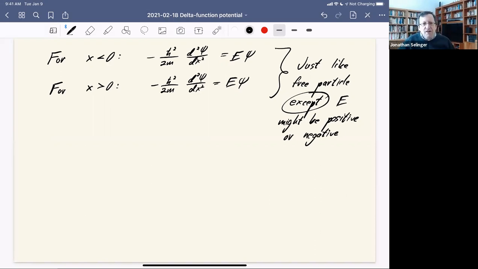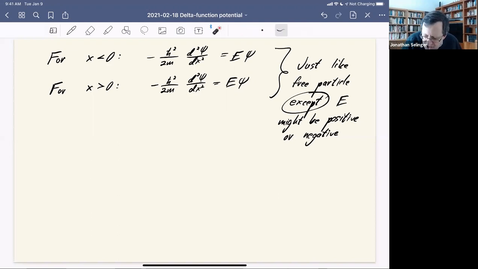Kinetic energy is positive, right? But in this case, the energy is a combination of kinetic and potential energy. The potential energy is not zero for the whole state.